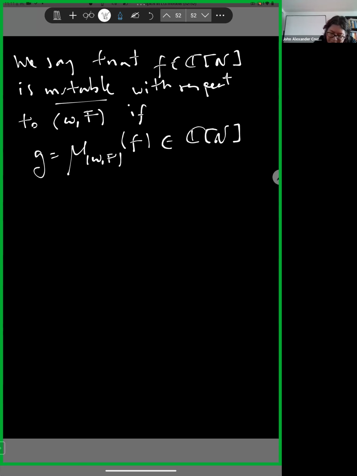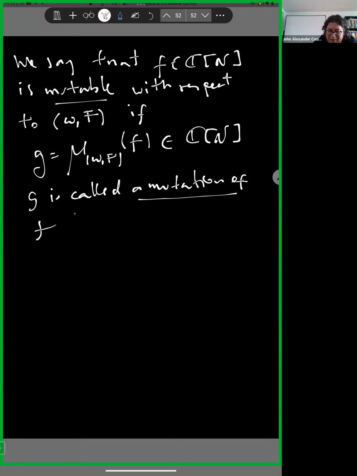And g is called a mutation of f. And people call this capital F a mutation factor.